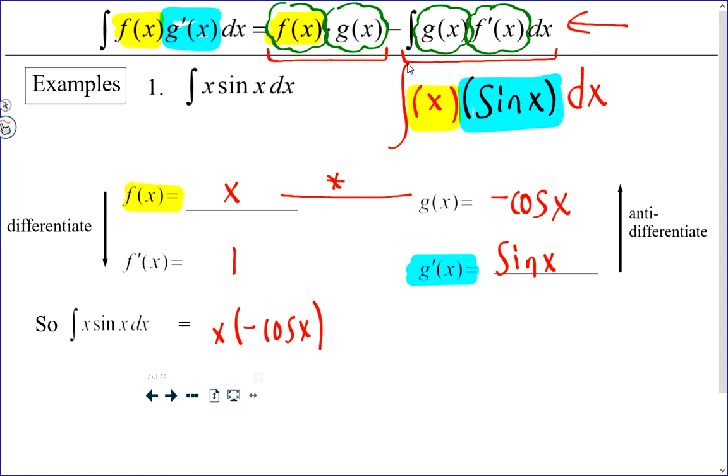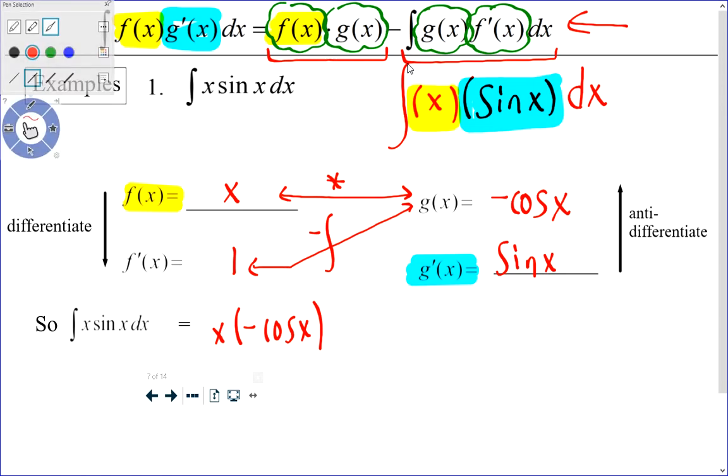So g of x times f prime of x is the product of these two things. So we have to subtract the integral of the product of those two. And that will be the visual pattern all the time. You will always be multiplying these two and subtracting the integral of the product of these two, always.